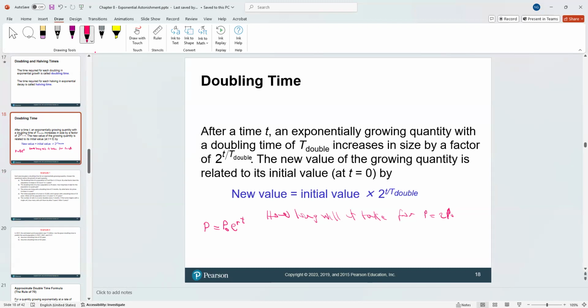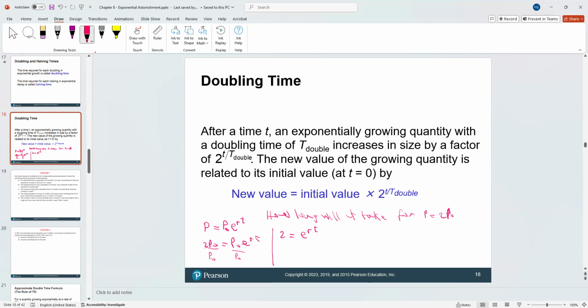So we write 2 P naught equals P naught e to the rt, where r is the growth rate. If you divide both sides by P naught, you're going to have 2 equals e to the rt.